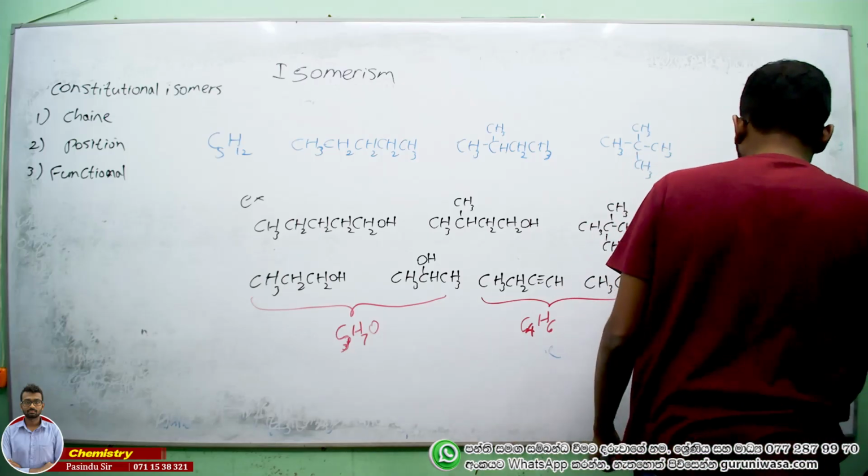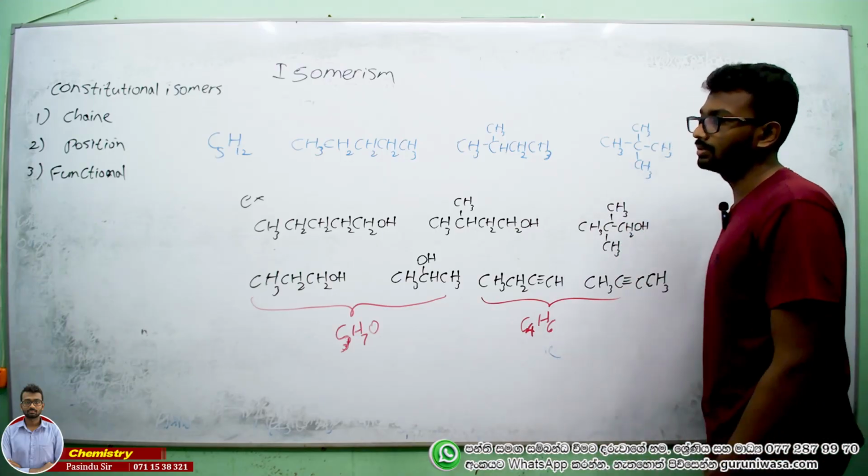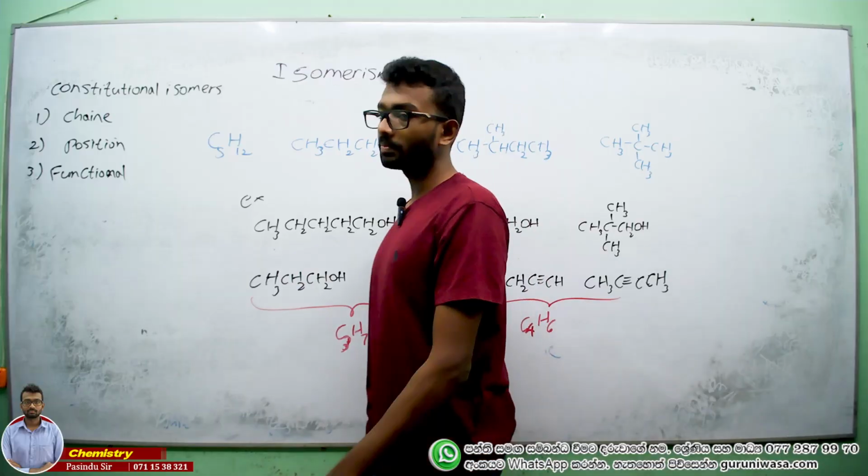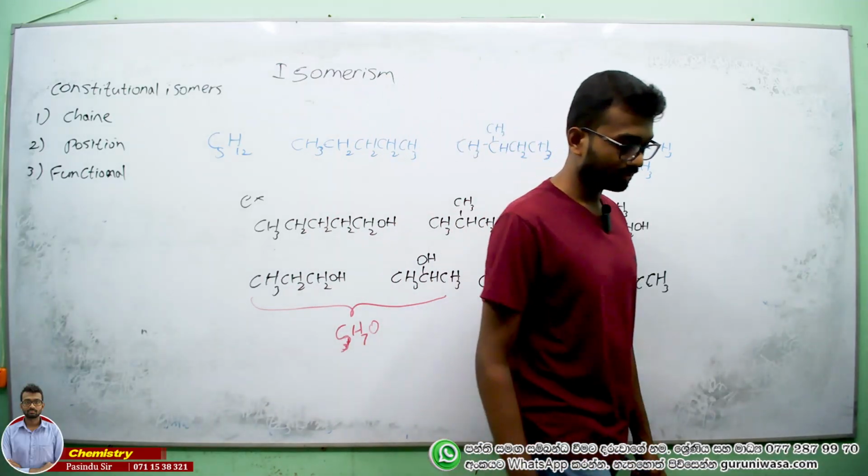Right. Then write down the third one. Functional group isomers.